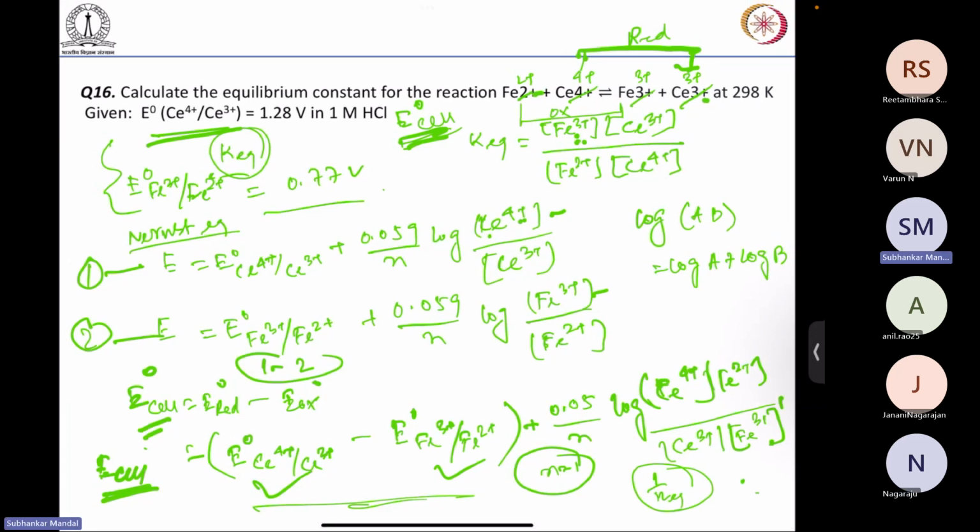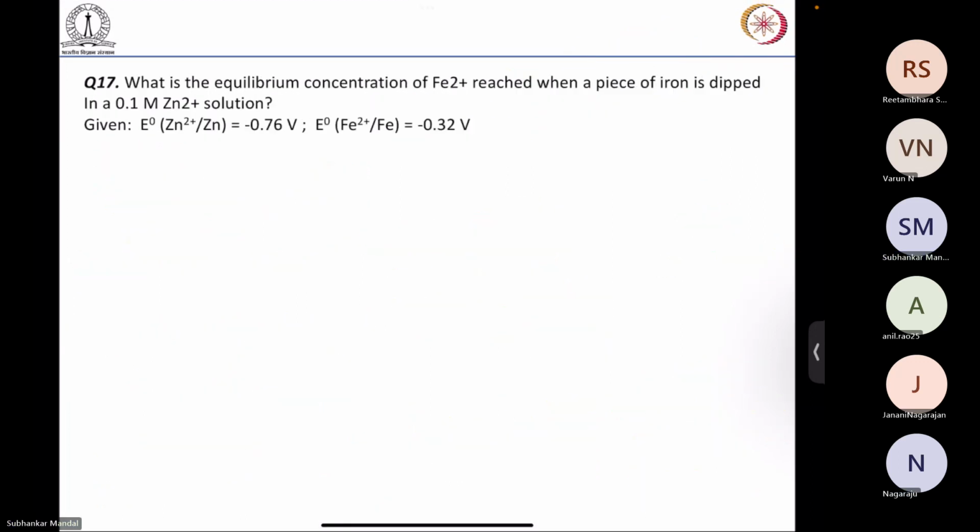Next problem we can see. What is the equilibrium concentration of Fe2+ reached when a piece of iron is dipped in a 0.1 molar Zn2+ solution? Here they have given the potential. Basically, I think this is an electrolytic cell kind of thing.